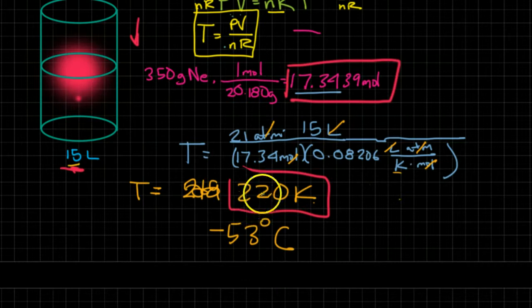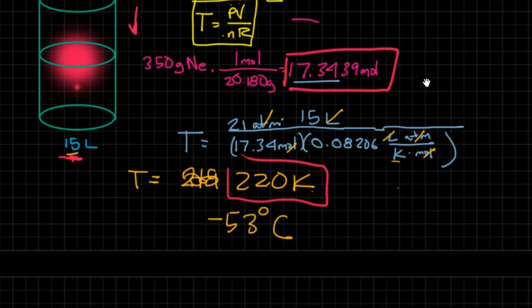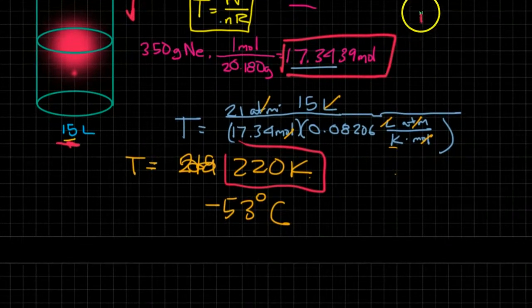And maybe later, if I get really ambitious, I'll decide how much work it would take to do that. But first things first. We're going to come back to our same equation, PV equals nRT. What do I want to know? What I want to know is the volume.